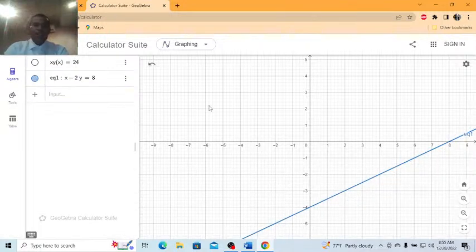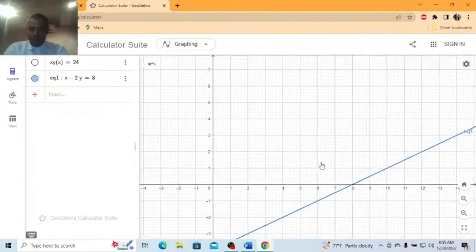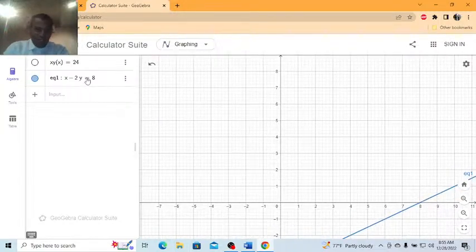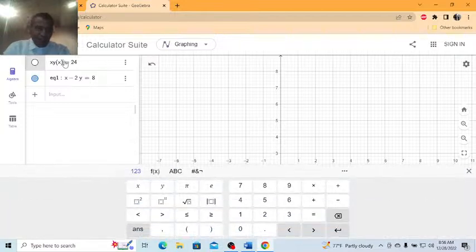Therefore, learners, the equations will come like that: equation number 1 and equation number 2. I'll change this as y equal 24 divided by x.